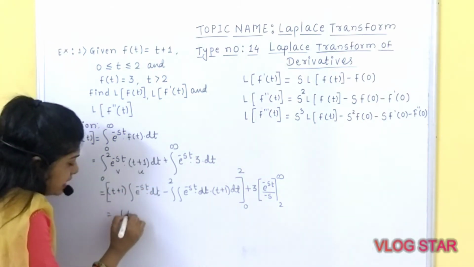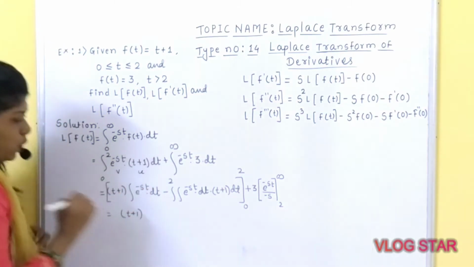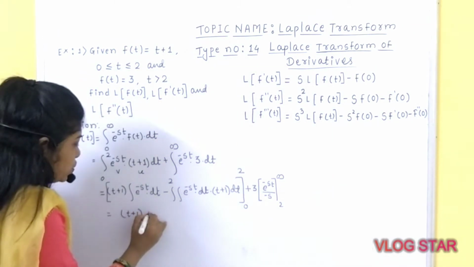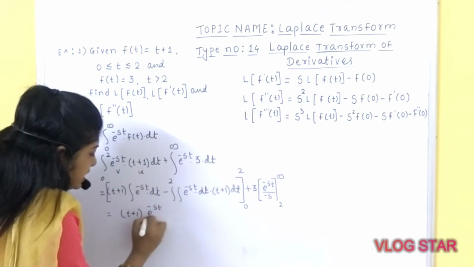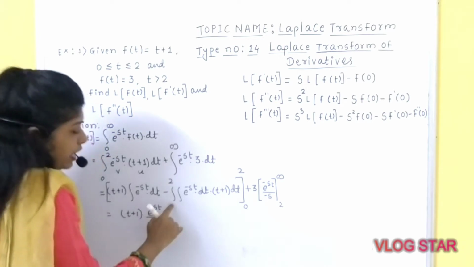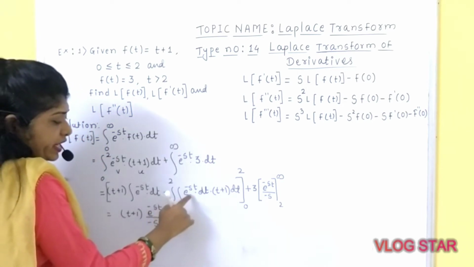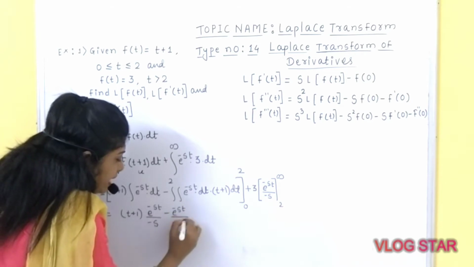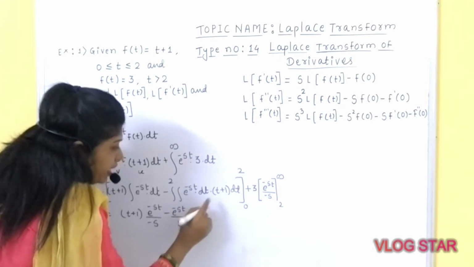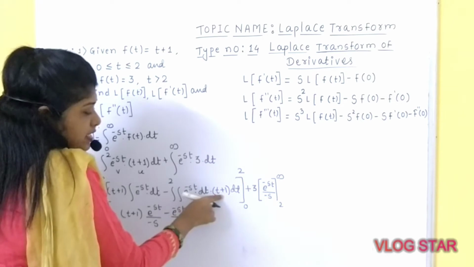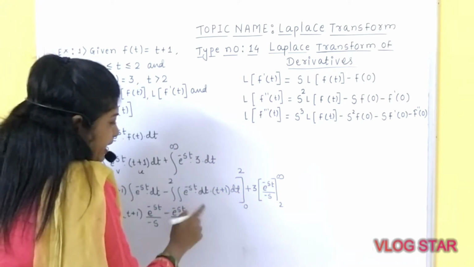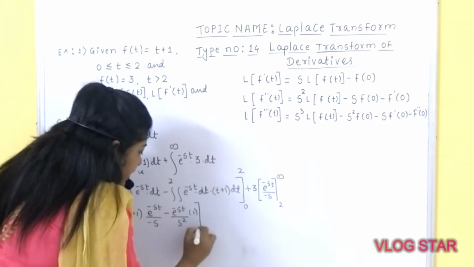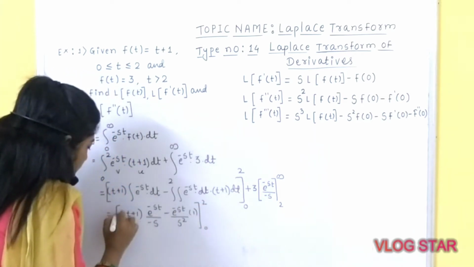Similarly, in this case, it is t plus 1 into e raised to minus st upon minus s. If you take the double integration of this, you will get e raised to minus st upon s square into the derivative of this term with respect to t, which is 1, and then substitute upper limit minus lower limit.